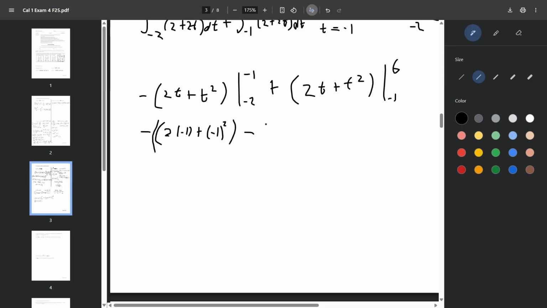This is the next part we're going to do, the lower bounds.